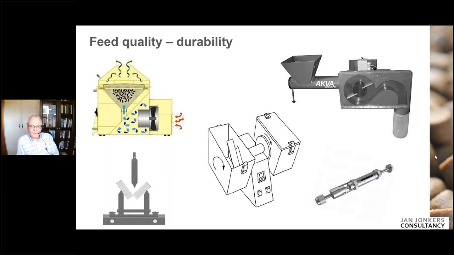Or are you looking for the resistance against impact to the feed in, for example, these pneumatic feeding systems or other systems that can have an impact on the feed? Are you looking for static pressure, like during the storage of feed? So based on these considerations, you can then pick the best method to measure durability and to get control of this.